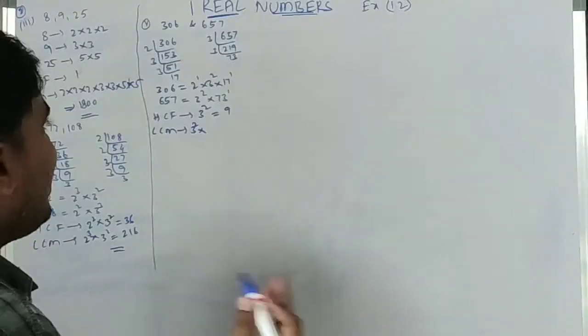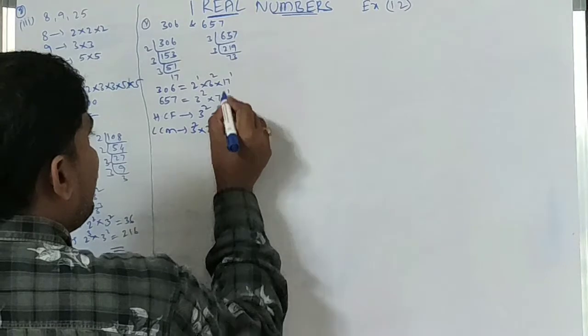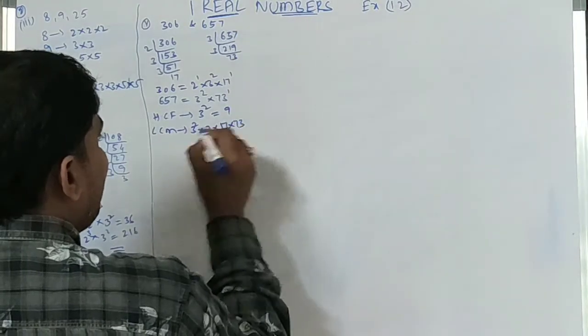Now LCM equals, first I want to take the common 3 square. Then I want to write the remaining 2 into 17 into 73.